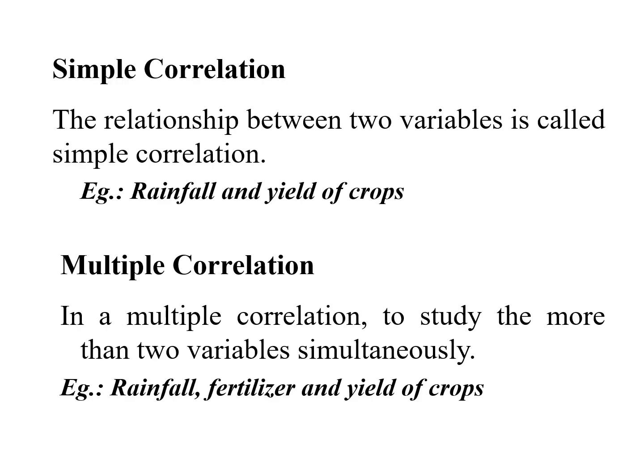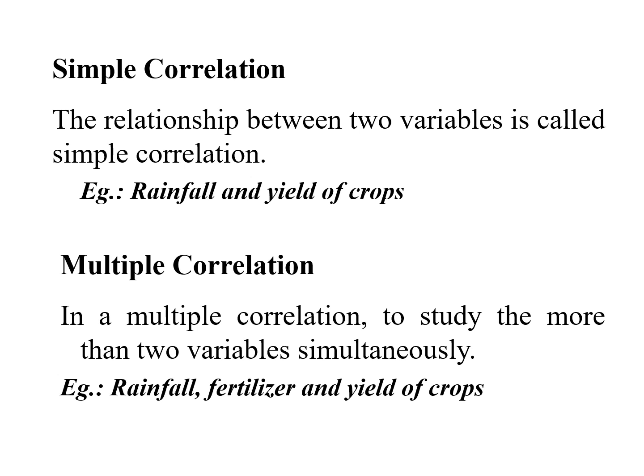Next one, simple correlation and multiple correlation. The relationship between two variables is called simple correlation. Here we are taking only two variables for finding the correlation. For example, rainfall and yield of crops is an example for simple correlation. The next one, multiple correlation.